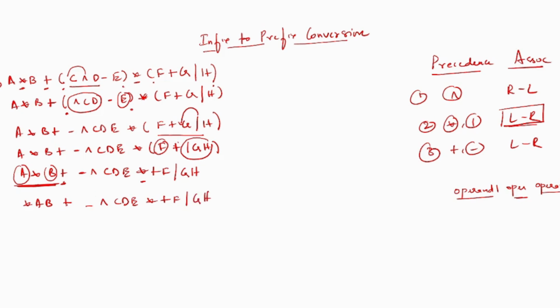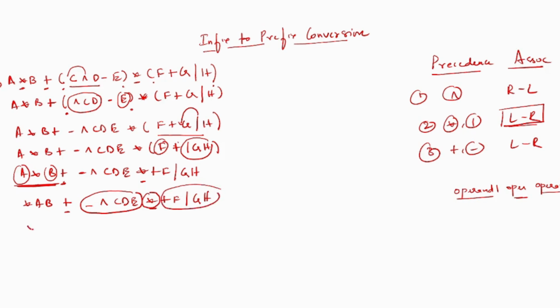Now the two operators that are yet to be solved are plus and star. How do we do this? We know that star has greater precedence than plus, therefore we need to solve this multiplication operator. Now our operand 1 will be this one, because plus is yet to be resolved, and operand 2 would be this whole thing.